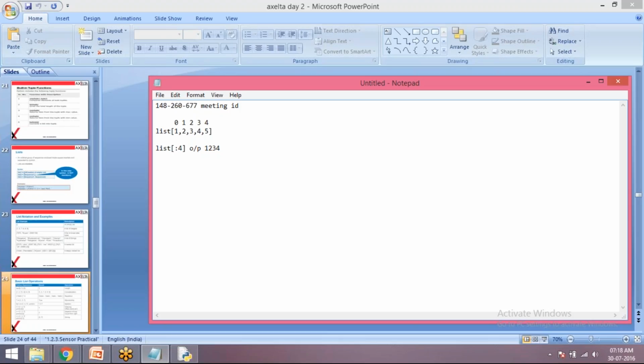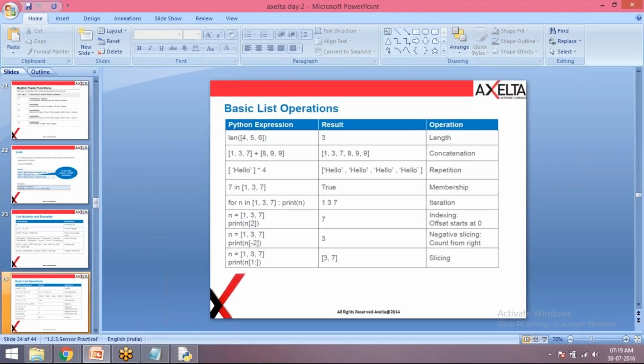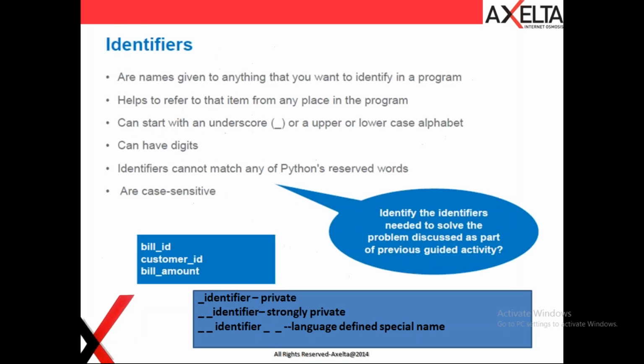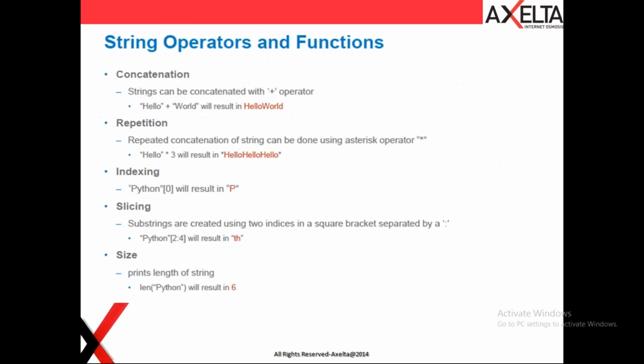So I'm giving up to 4 but not 4. Up to that point only, but we should not consider that location. Is it clear? Mainly people get confused at that point.